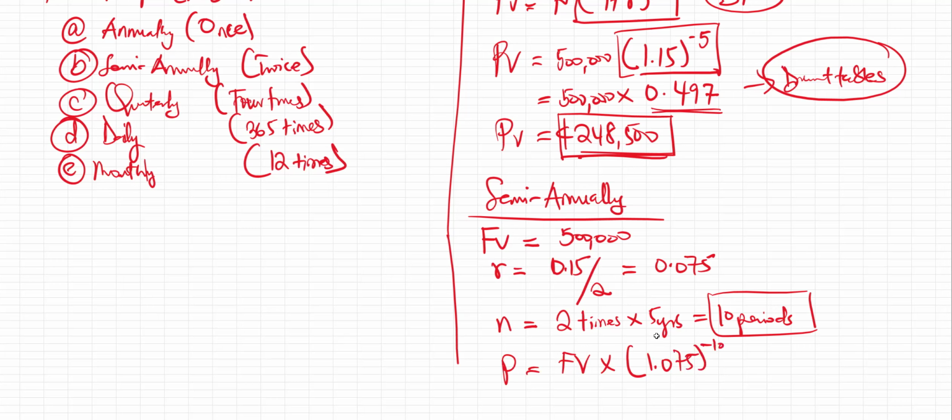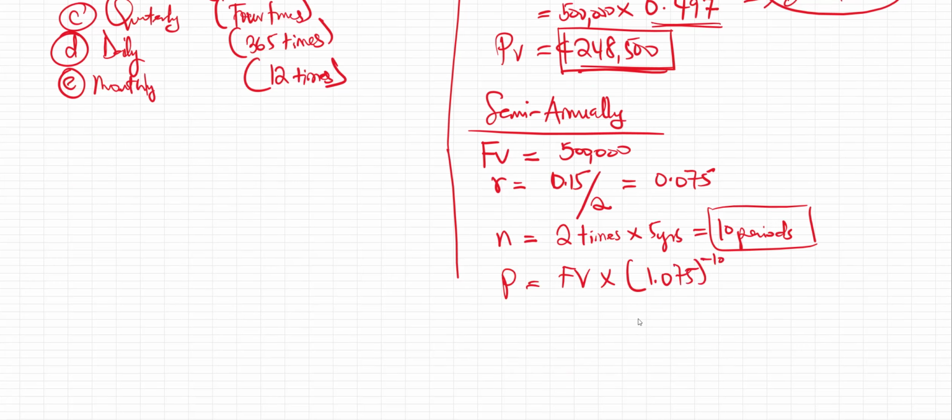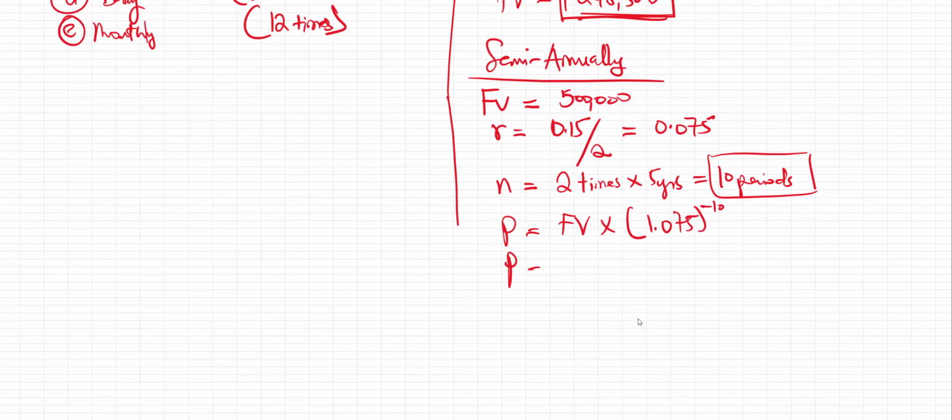So in that case, let's get our present value. Our future value was 500,000, right? So this 500,000, we put it back. What's our discount factor now? 0.485, to the power minus 10.